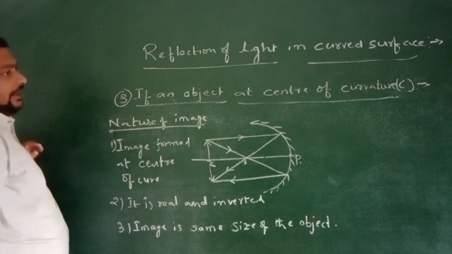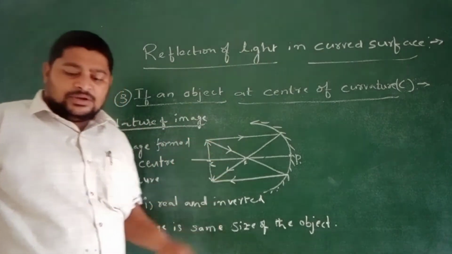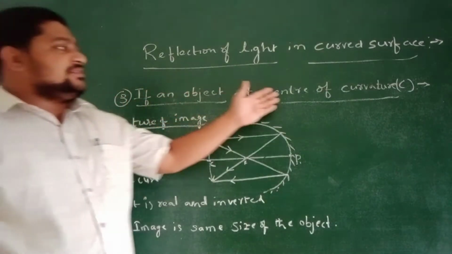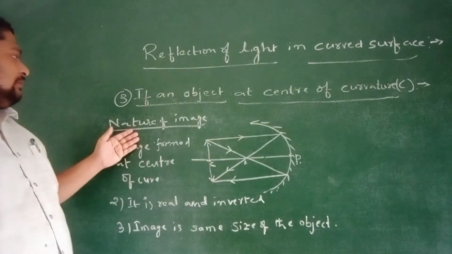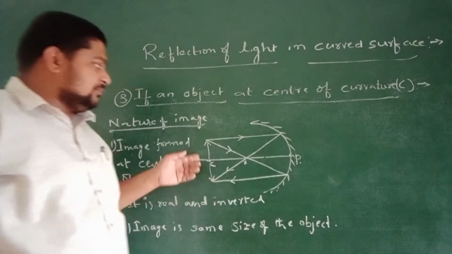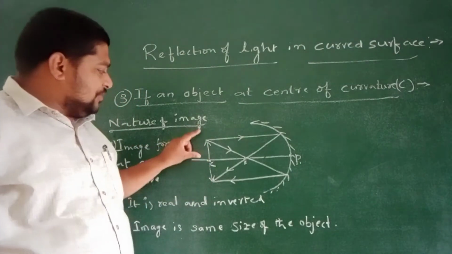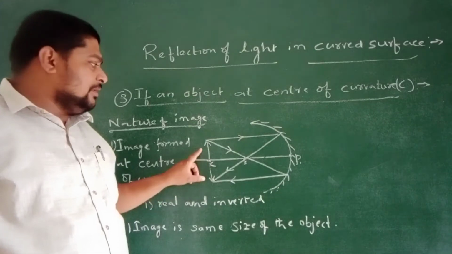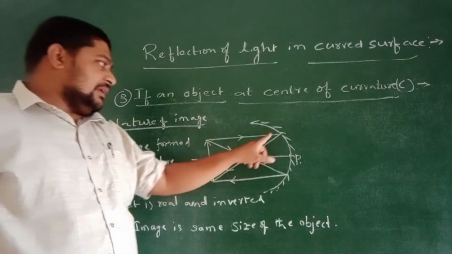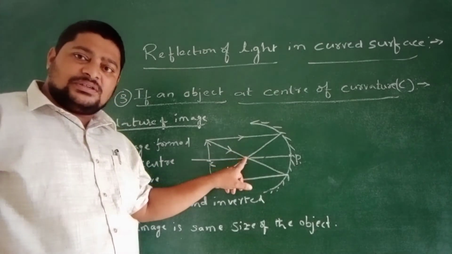Third ray diagram. Now see once again, if an object is at center of curvature, what is the nature of the image, and draw the ray diagram. If we take the object at center of curvature, first rule, a ray parallel to the principal axis, after the reflection passes through focus.